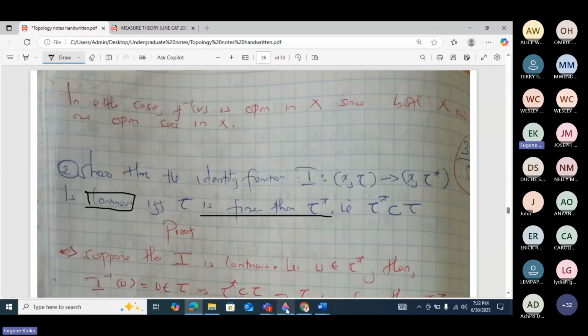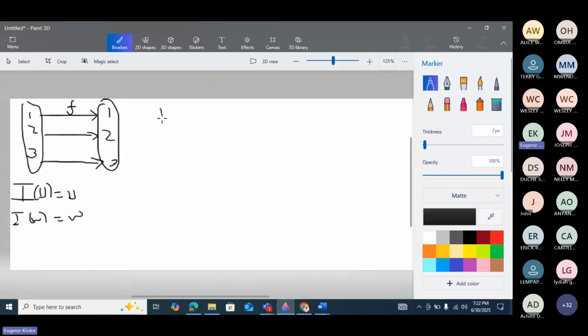Now, you are told, show that the identity function is continuous if and only if tau star is contained in tau. That is the meaning of finer.